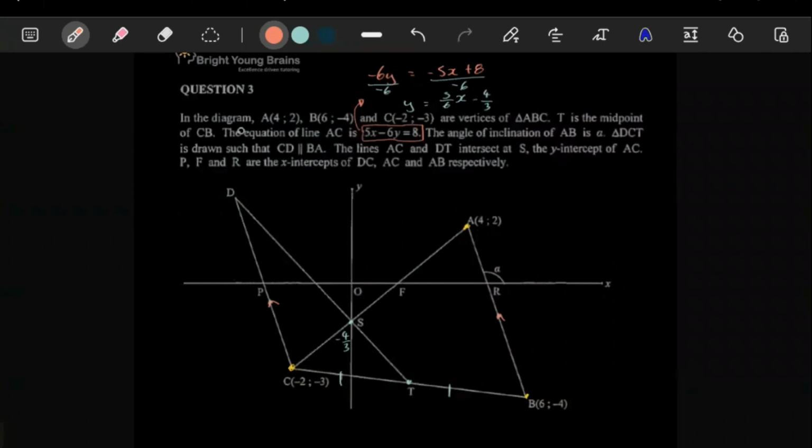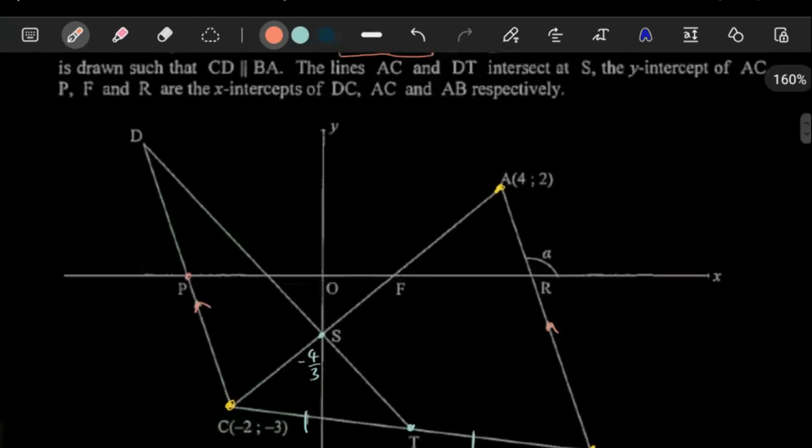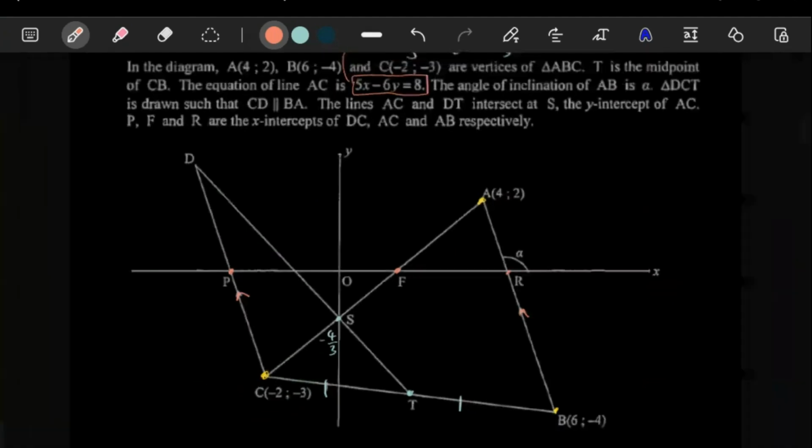And then they say P, F, and R. There's P somewhere here, F somewhere here, R somewhere here. They are the x-intercepts of these different lines, AB, DC, and there's also AC over there. There's no point there, so we might never need it. But these ones that have been given names, we can just keep in mind. But anyways, let's move on to the questions.